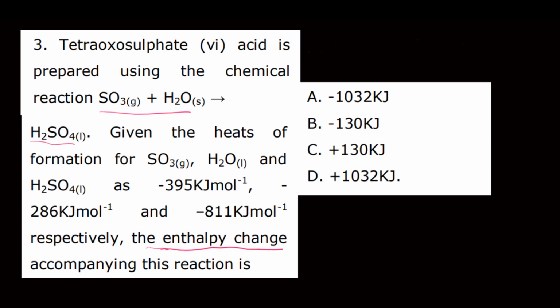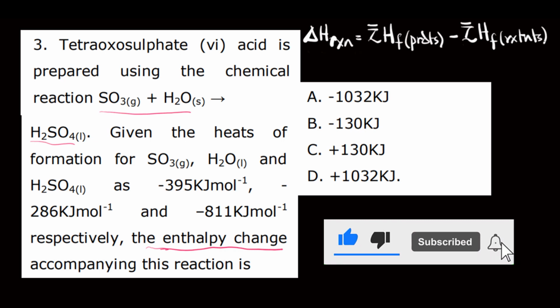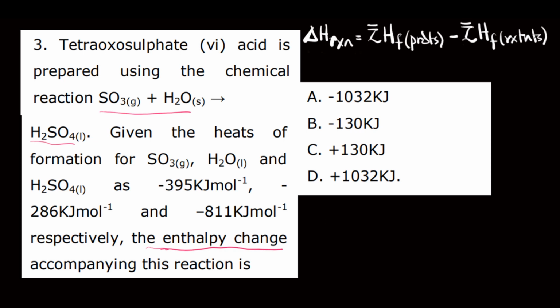Now, the enthalpy change of a reaction is calculated as delta H reaction, the summation of the enthalpy of formation of the products, minus the summation of the enthalpy of formation of the reactants, right? Now in this question, what are the reactants?